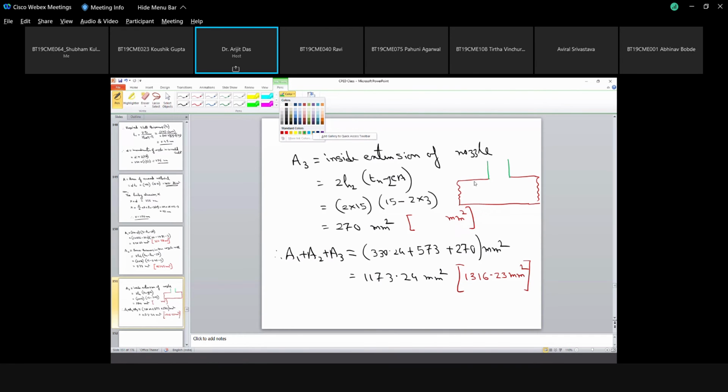And A1, you have given the excess thickness in the vessel shell. So here is A1. You provide A1, meaning 330.24 millimeter square area here along this.